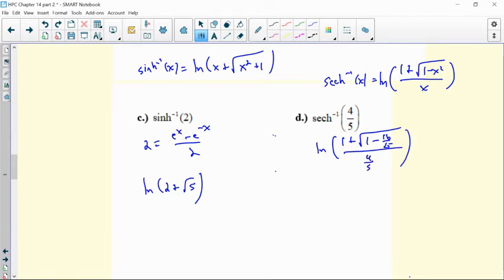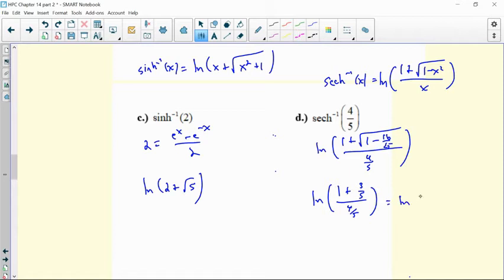We should probably simplify that a bit. 1 minus 16/25 is 9/25. And that's actually pretty nice because the square root of 9/25 will end up being 3/5, and then divided all that by 4/5. 1 plus 3/5 is 8/5.